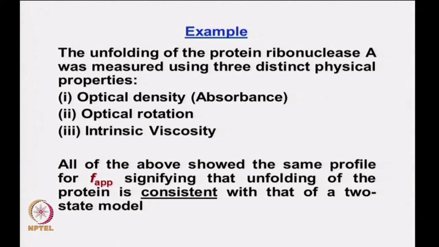What does that signify? That the unfolding of the protein, remember again I am specifying this word, is consistent with the two-state model. I am not saying it is a two-state model, it is very hard for me to say that, okay, but it is definitely consistent with a two-state model, right.